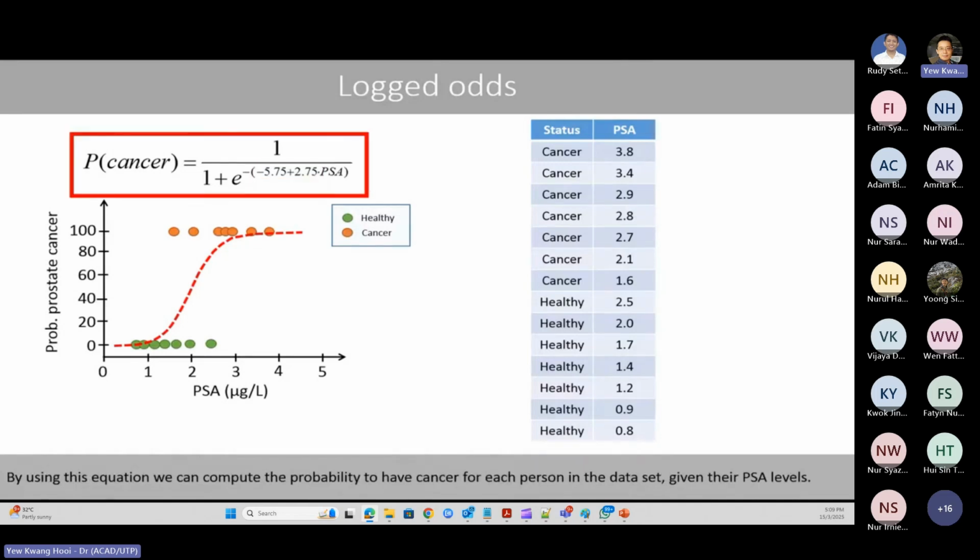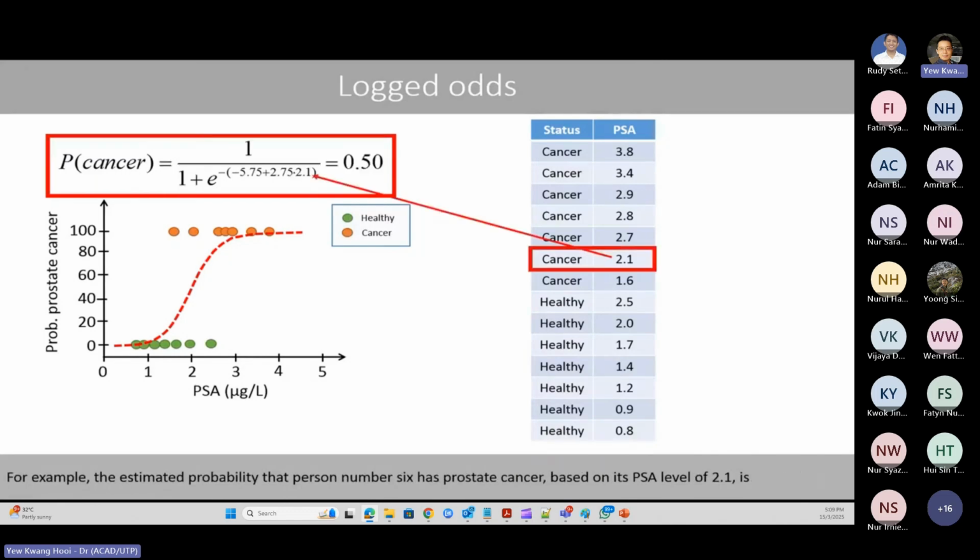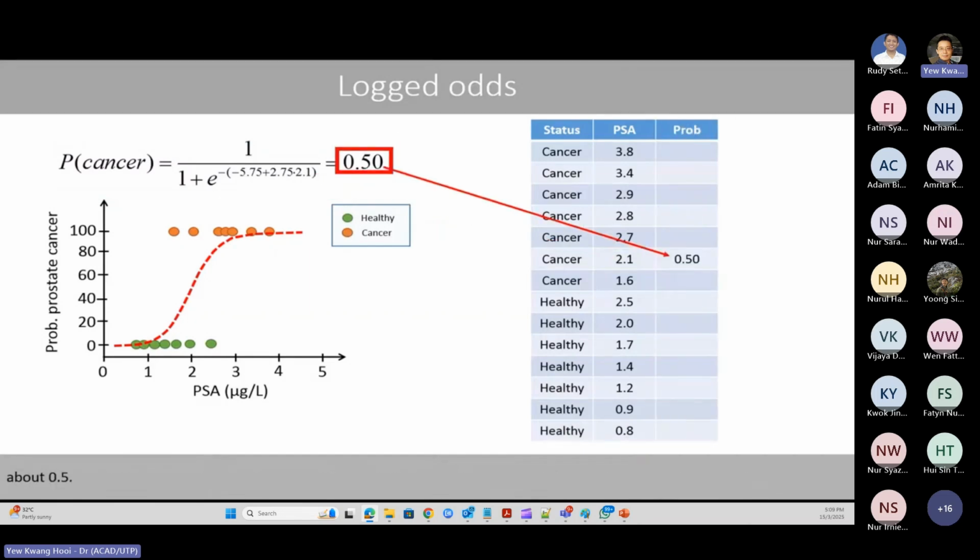By using this equation, we can compute the probability of having cancer for each person in the dataset given their PSA levels. For example, the estimated probability that person number 6 has prostate cancer based on their PSA level of 2.1 is about 0.5.